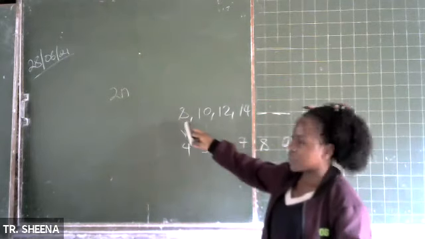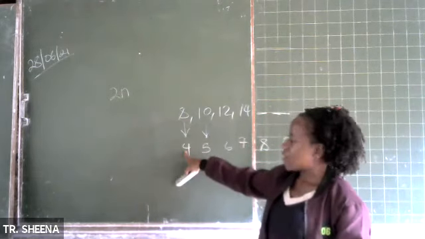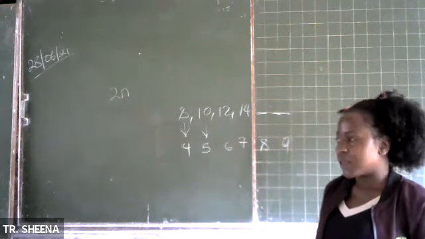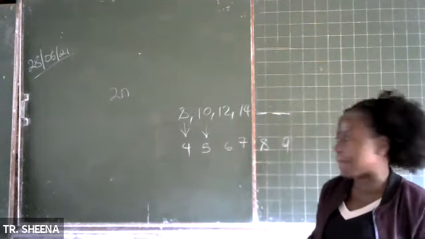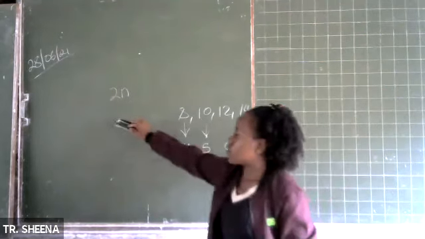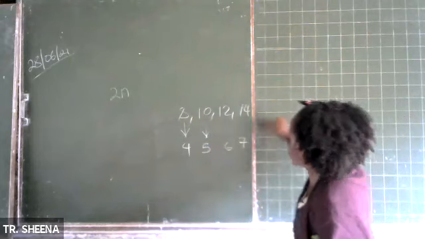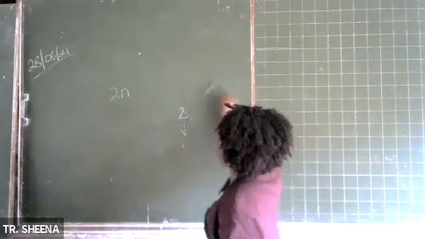So you can decide, let me start from my 10th term. Let me start from my 100th term. But the formula, when you're generating the sequence, you start from the first term, for us, when we are generating them.